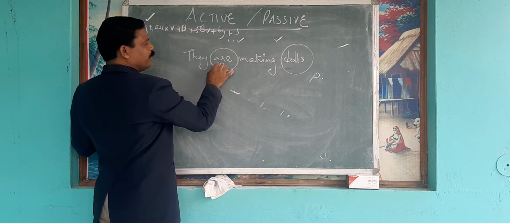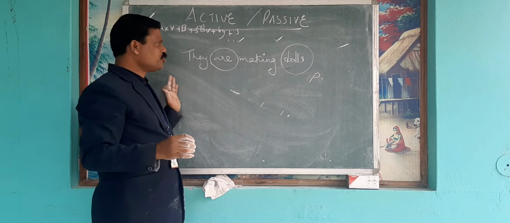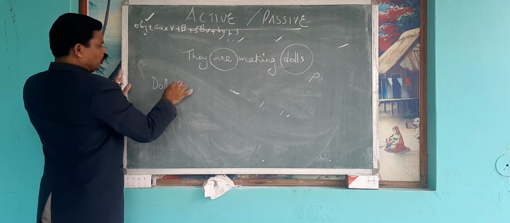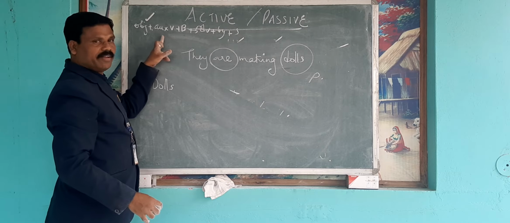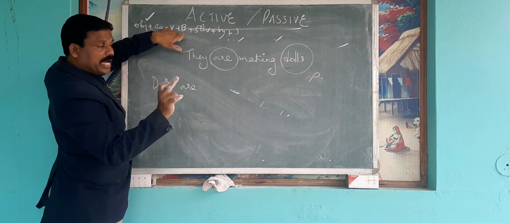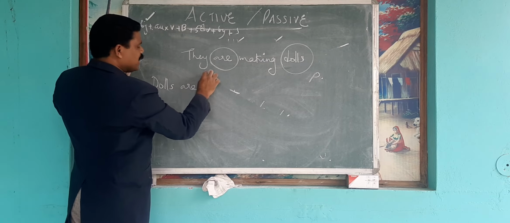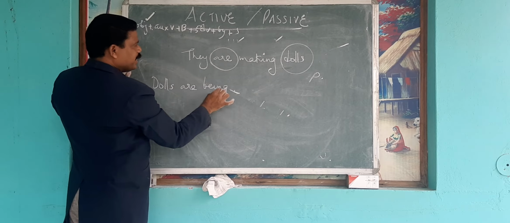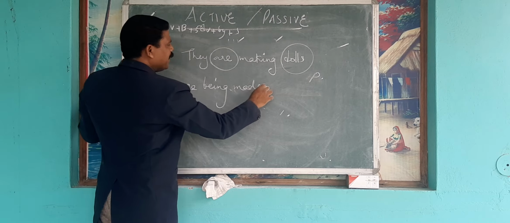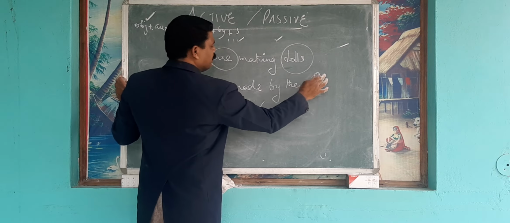Identification of auxiliary verb: are itself is plural, so there is no need to change it. First the object, dolls. Auxiliary verb, are. Then be, being, been will come because there is no do, did, does in the question. With are we will use being. Third verb, make, made, by them.